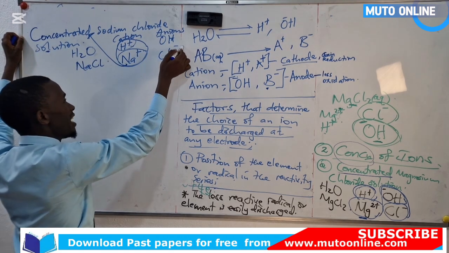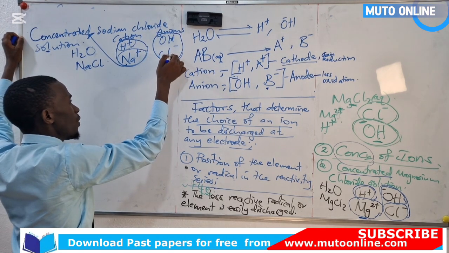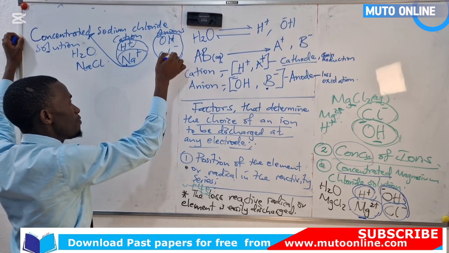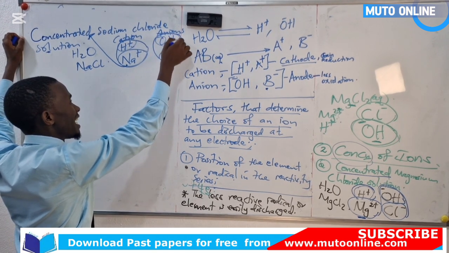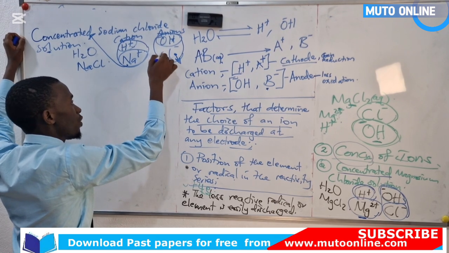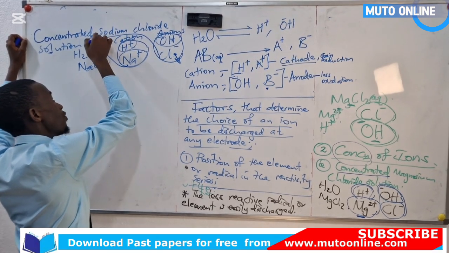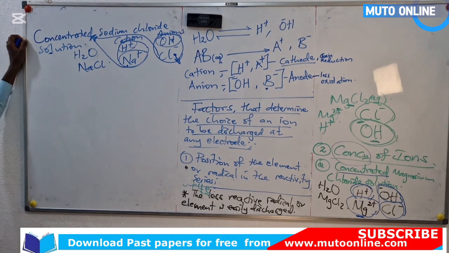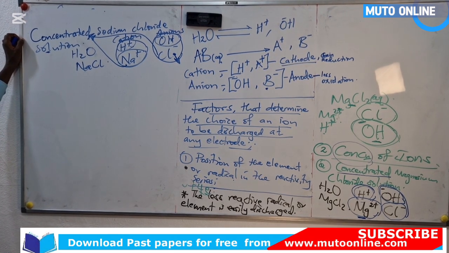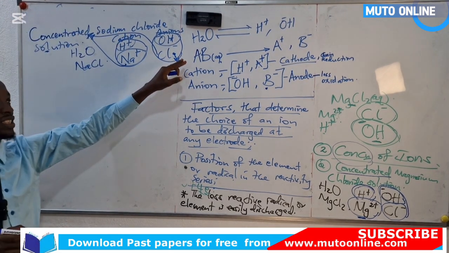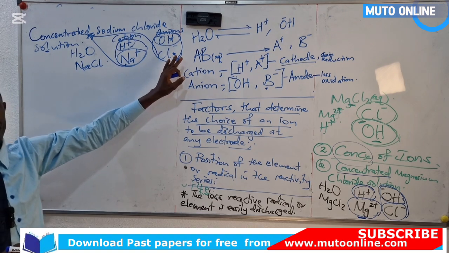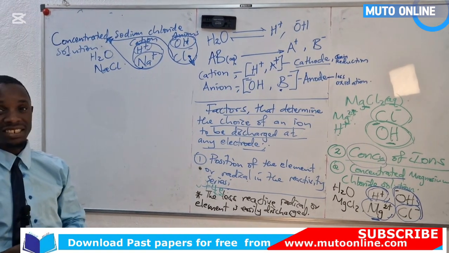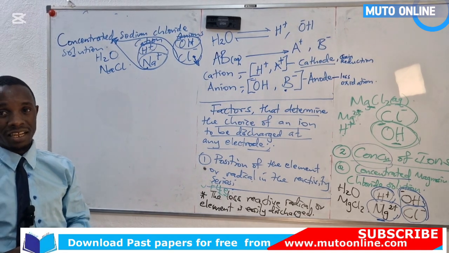And then here, at the anode, the chloride ions will be discharged in preference of the hydroxide ions, just because the chloride ions are more concentrated in the electrolyte than the hydroxide ions. So the factor here we are basing on is concentration of the ions in the electrolyte.